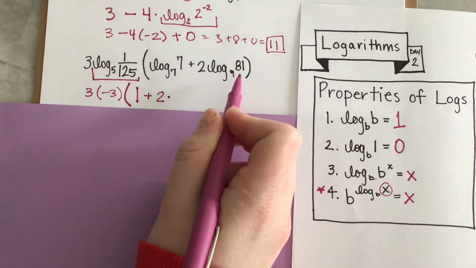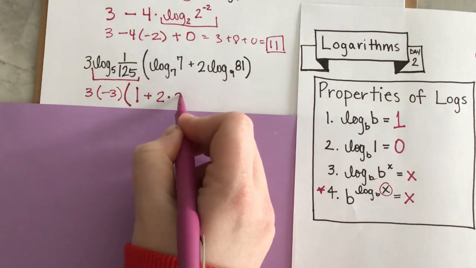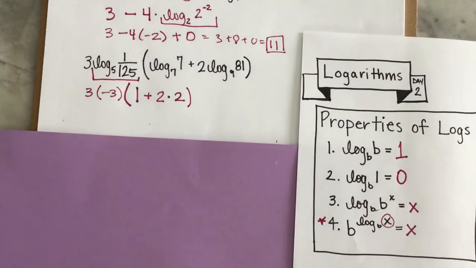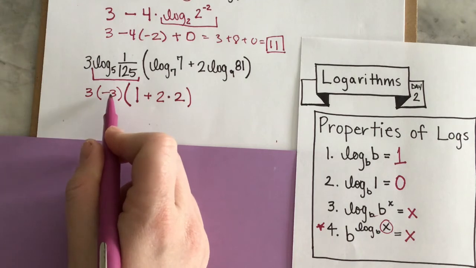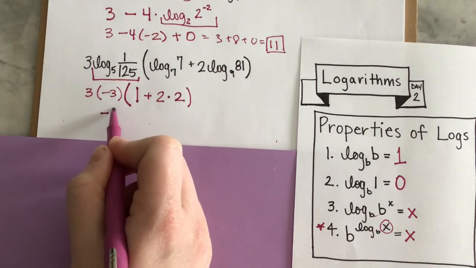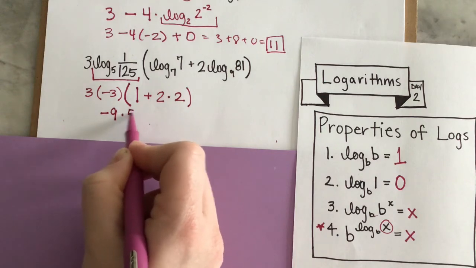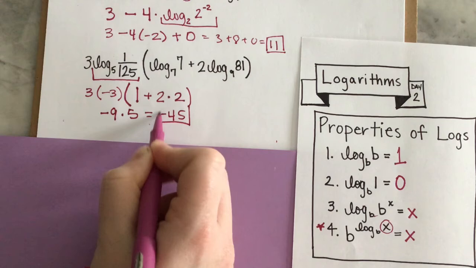That answer is 2, folks. So again, now we need to look at our order of operations. 3 times negative 3, negative 9, times 1 plus 4, which is 5, equals negative 45.